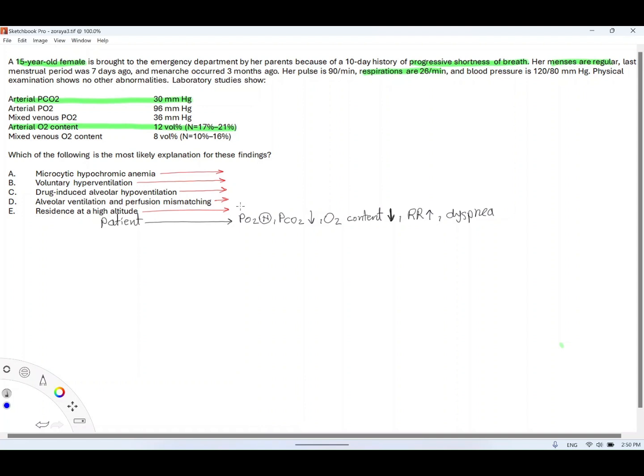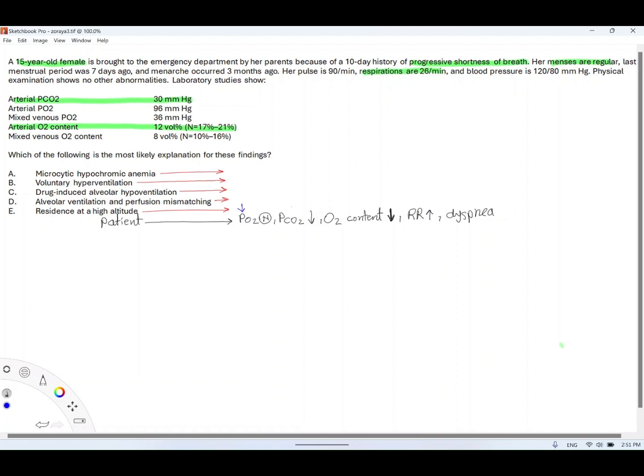When you go to a higher altitude, the pressure of inspired air is low, so this would be low. In our patient it is normal, right? So E cannot be our choice because we want normal oxygen pressure.